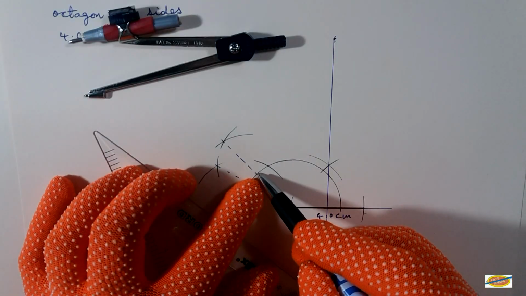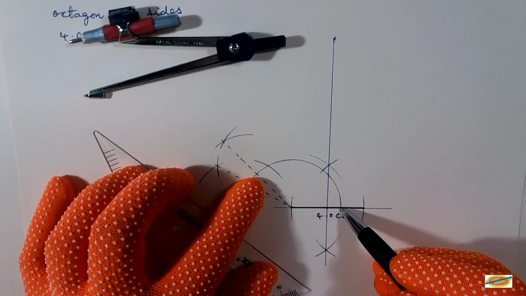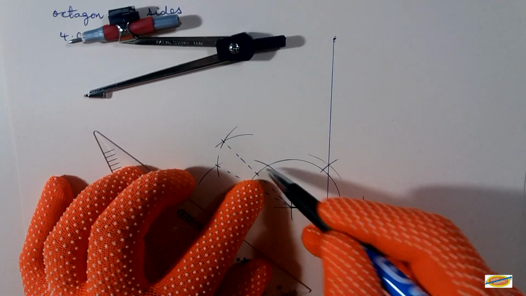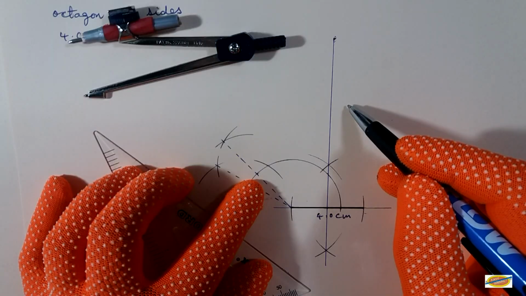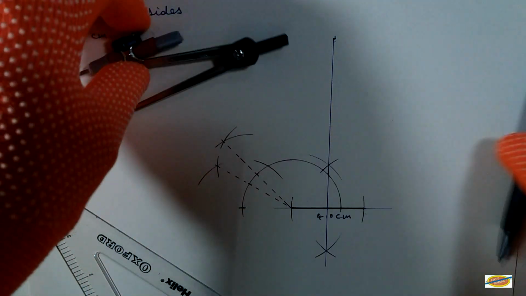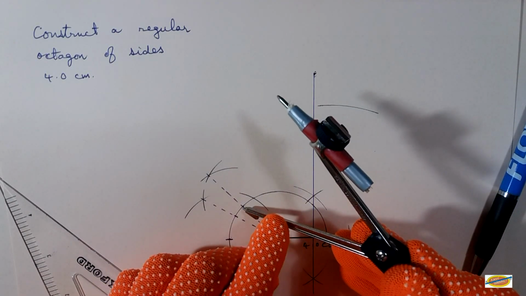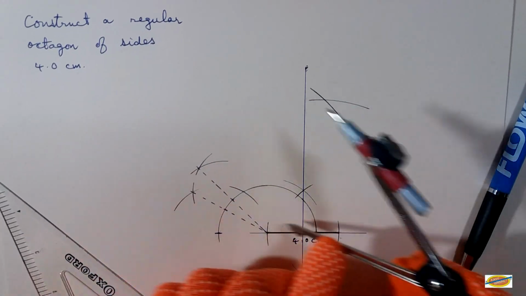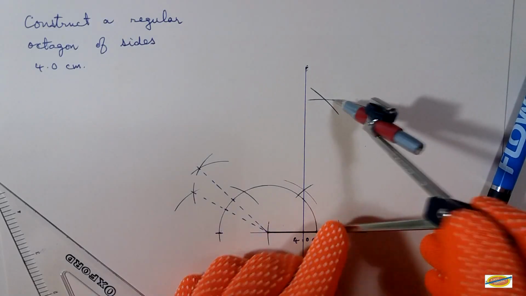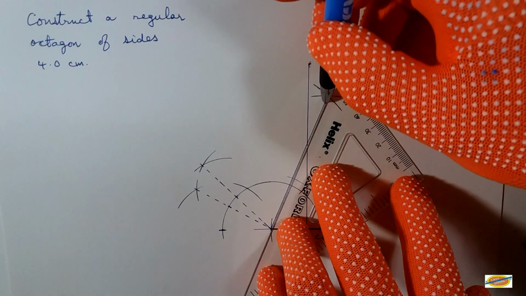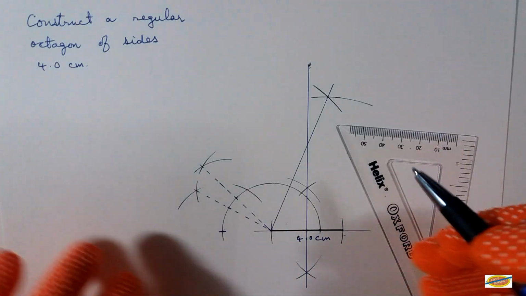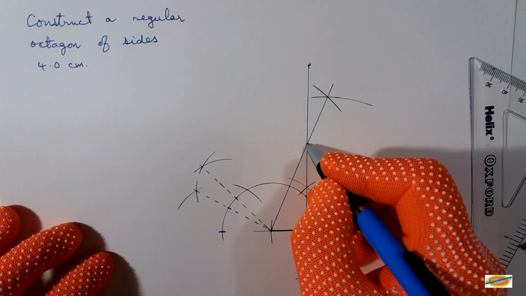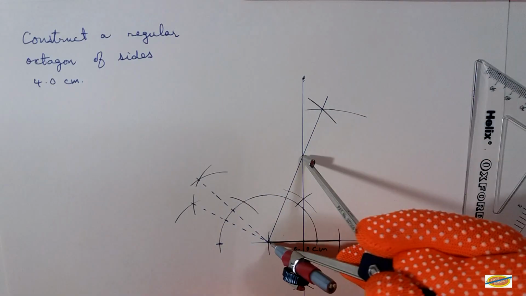And now from here, that's 15 and 120, that's 135. We will bisect this 135 to get 67.5. And that would be the center of our circle.